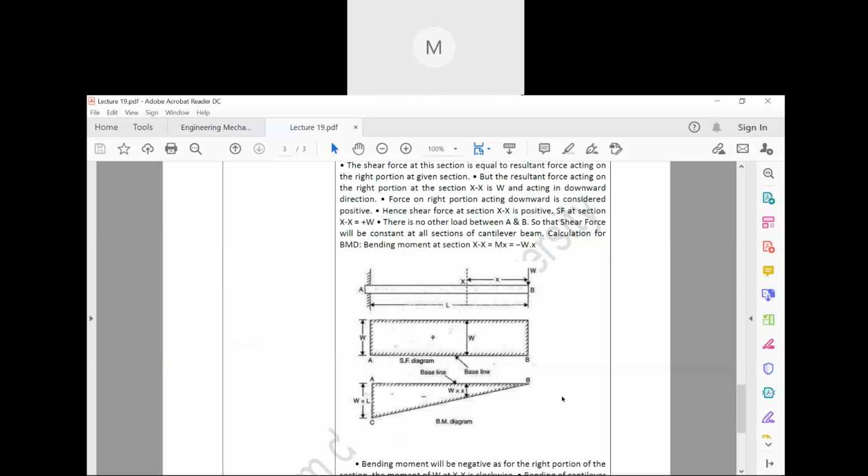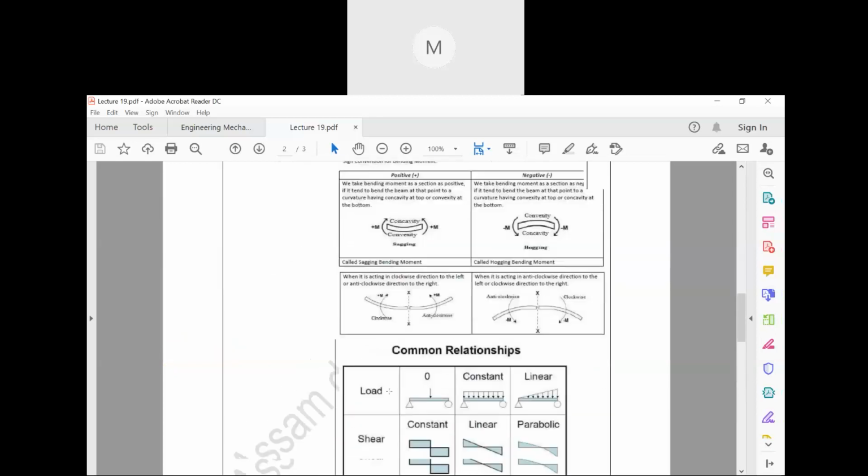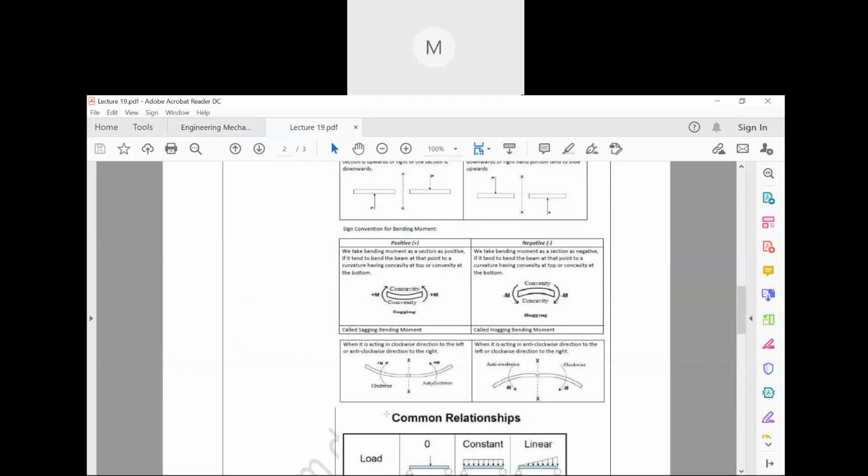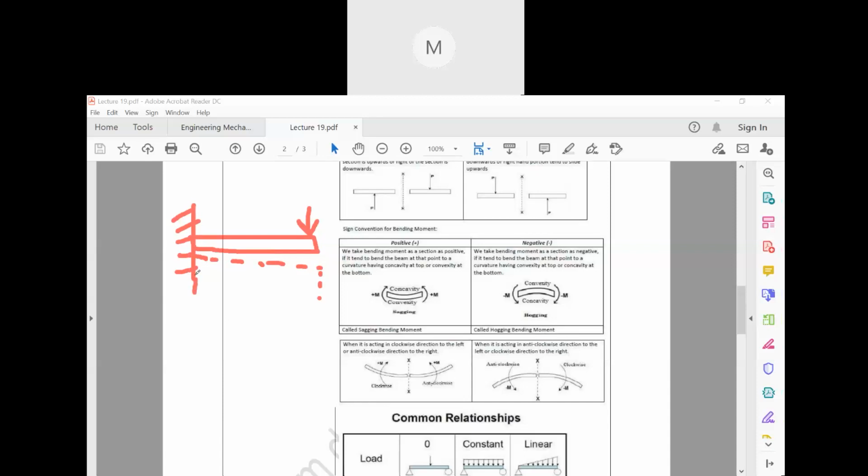Okay, now after that, for the bending moment, because of the application of the force in the cantilever beam, what will happen? Here you are applying some force, but this side is fixed, right? If it is fixed, this part will remain the same, but here it will bend.